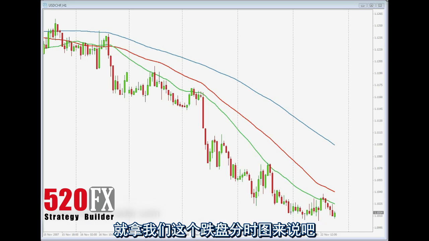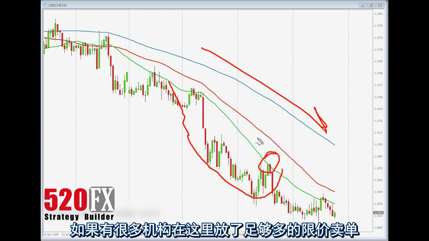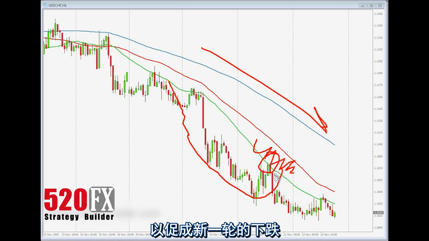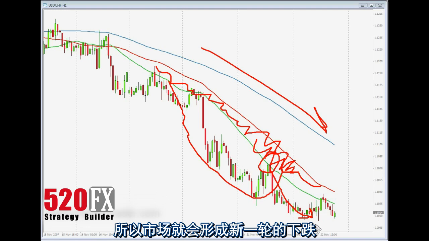If, let's say, we are in this clear downtrend, and price pulls back to the dynamic area of resistance, in this case, since we are in the downtrend, if we have enough limit orders stuck at this area from different institutional banks, from different hedge fund managers, etc., to create a new swing, those limit orders will be stuck, like I say, in this area between the 30 and the 50, and therefore, bang, a new swing will be created.